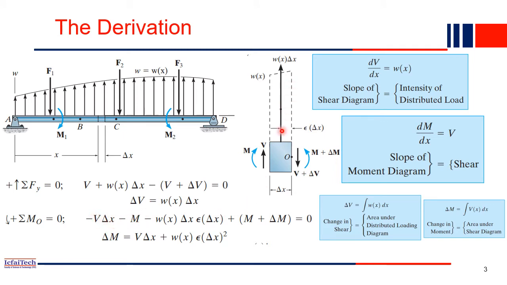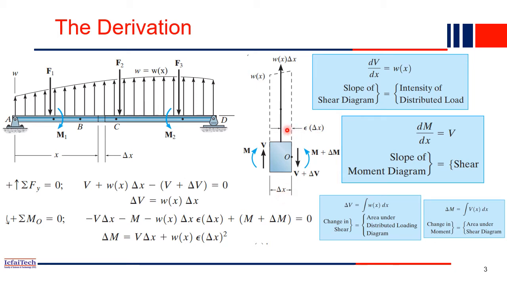Now another force is acting, this Wx delta x. This is also a force which will cause a moment at O. How much will the moment be? Wx delta x into distance. This distance is epsilon delta x.